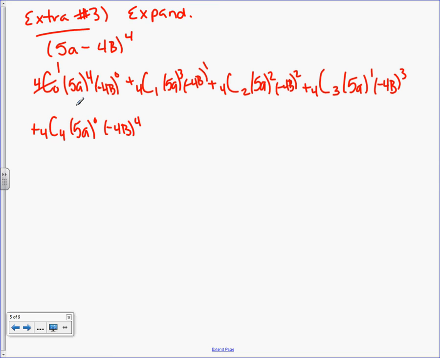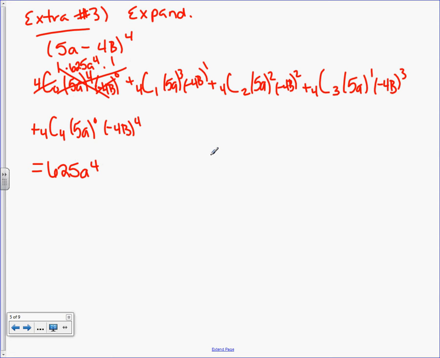It's whatever 5 to the 4 is. So 625a to the 4, right? And then what's anything to the 0? 1. Okay? So 1 times 625a to the 4 times 1 is 625a to the 4, right? So that piece is done.